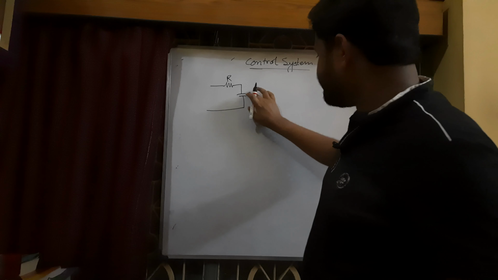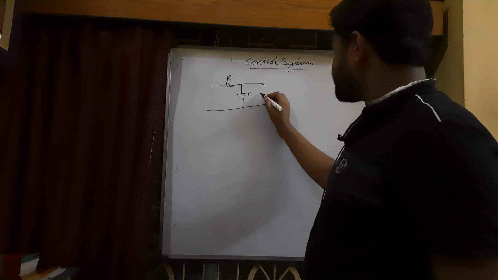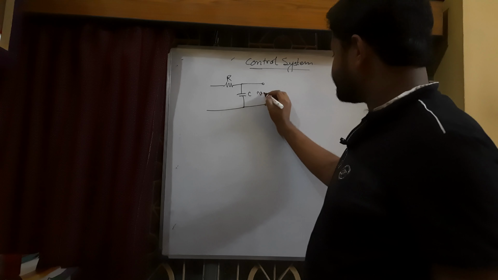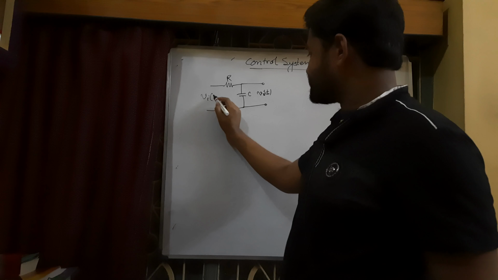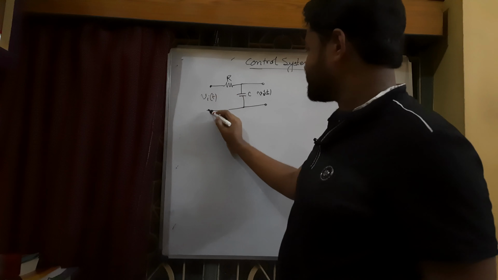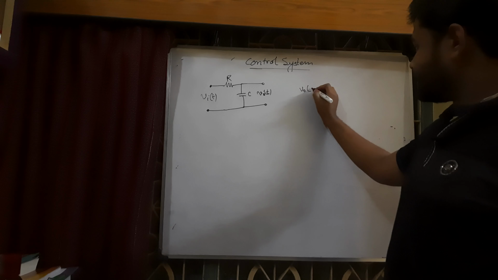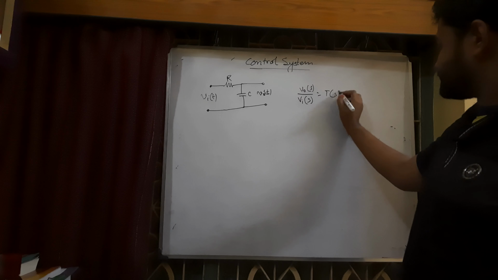This is a very basic example. Let's say the voltage across the capacitor is my output and this is the input voltage. So what will be the transfer function? V naught of S by Vi of S, I need to calculate.